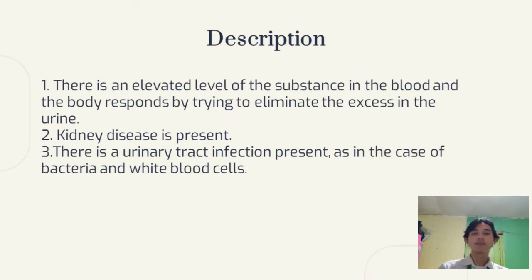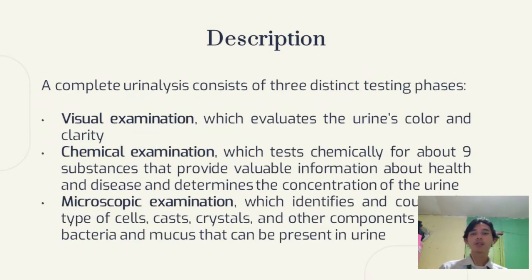white blood cells. A complete urinalysis consists of three distinct testing phases. First is visual examination, which evaluates the urine's color and clarity. Second is chemical examination, which tests chemically for about 9 substances that provide valuable information about health and disease and determines the concentration of the urine.